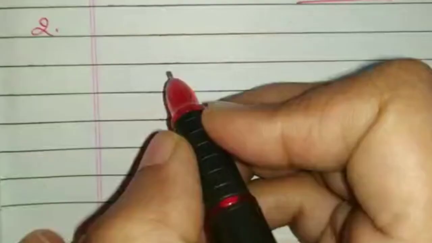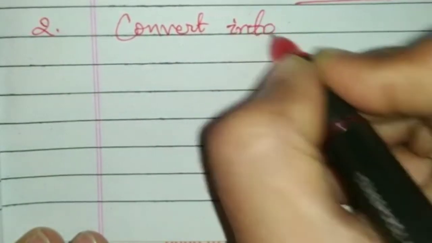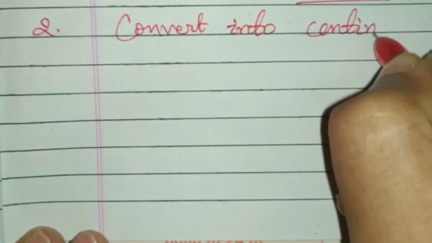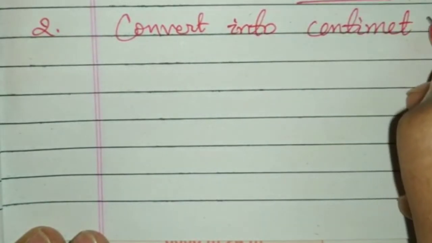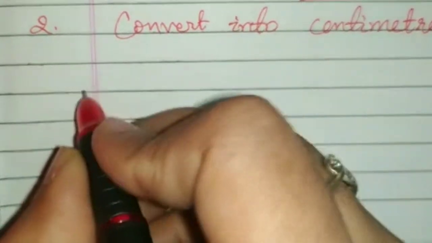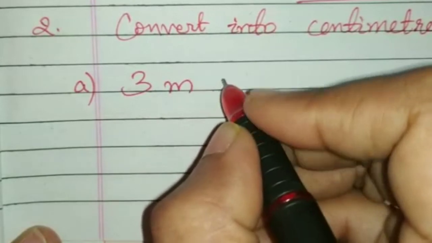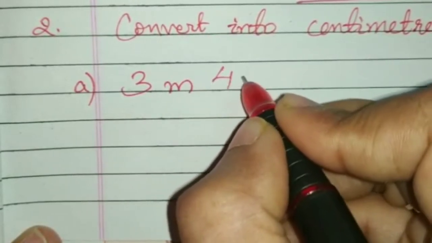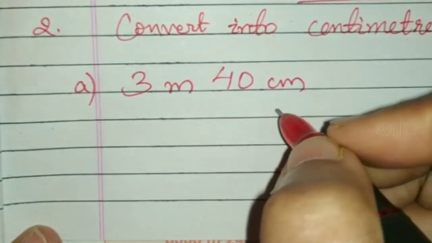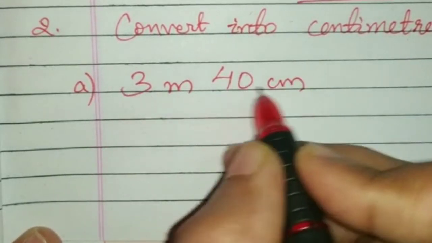Okay. Next one is convert into centimeters. Now you have already converted. Okay. Now I'll show you one more example how to convert. Now the first one is 3 meter and 40 centimeter. Now let's see how to do. First, this is already in centimeter.